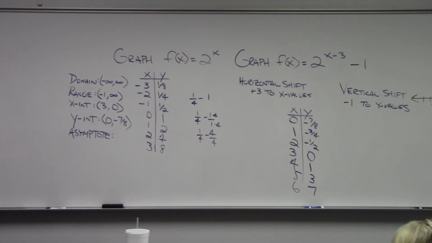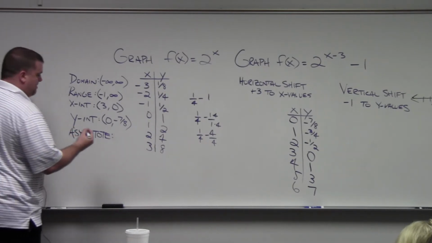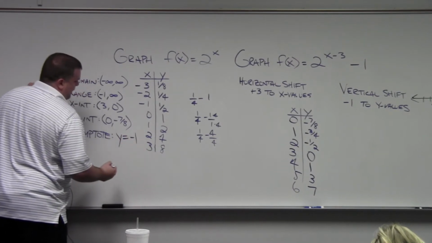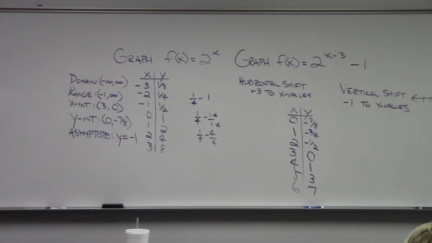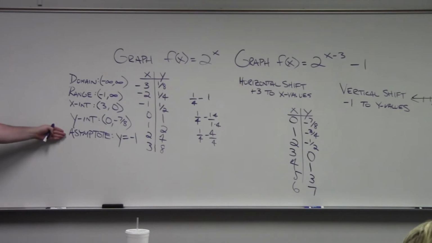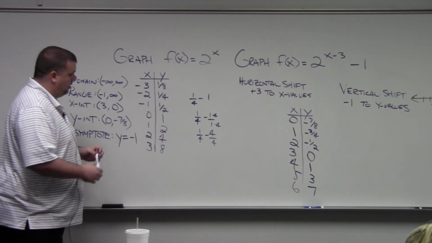What do you think that asymptote is now? y equals negative 1. Yep. So notice on the last one, the asymptote was our x-axis, but because we shifted down 1 in this case, our asymptote also shifted. Okay.